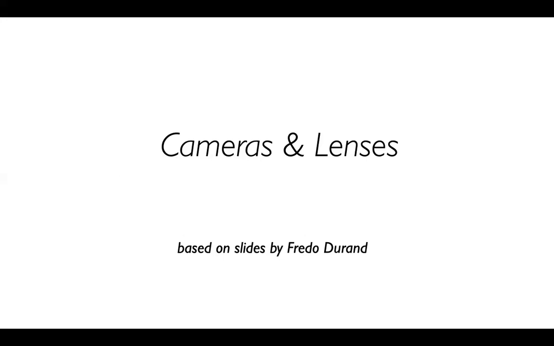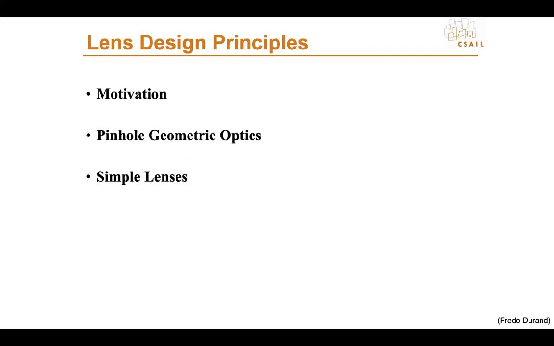Now we are going to talk about cameras and lenses, because all these types of cameras are models that capture this set of rays, and for that they need some optics, and you see how the need for optics goes into the picture. And we are going to discuss cameras in general and what makes them work, this system of optics and lenses. All right. So we are going to start discussing the principles of lens design and motivating the need for optics and lenses in a camera.